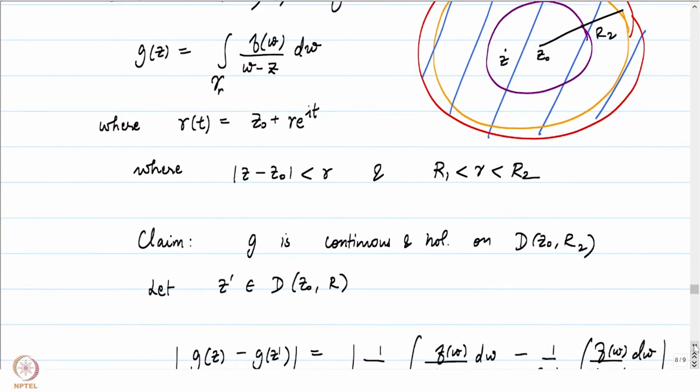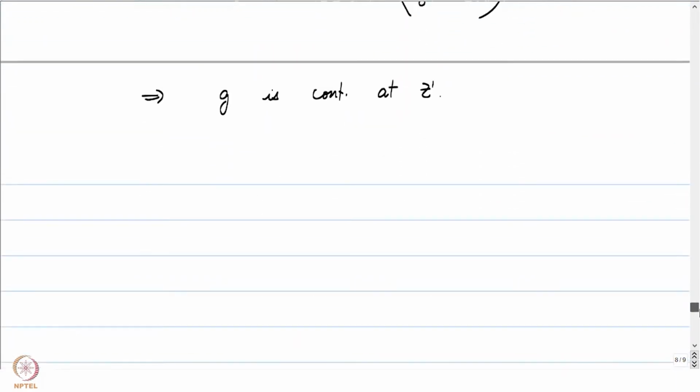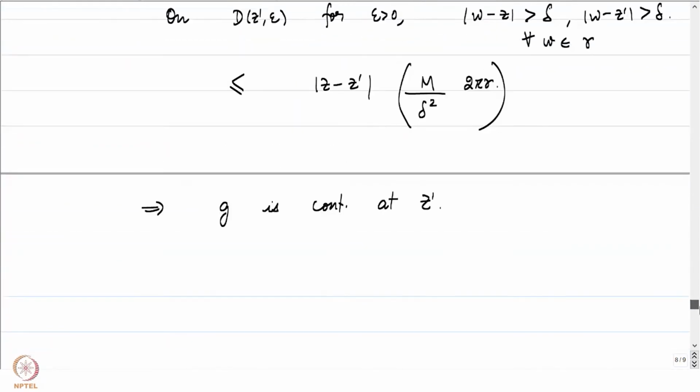So there the circles are homotopic to each other, and this particular integral is hence not going to depend on the exact circle that we are picking. So this definition is certainly well defined. I forgot to mention that.